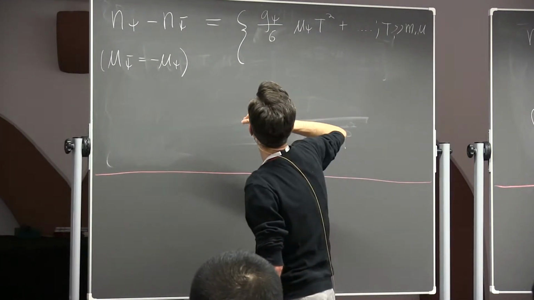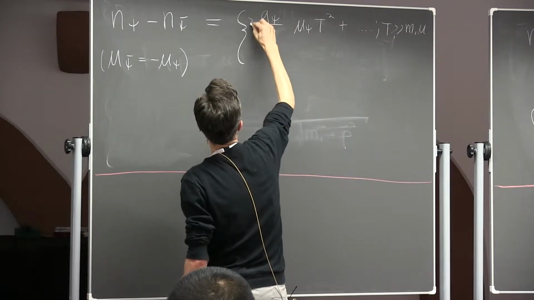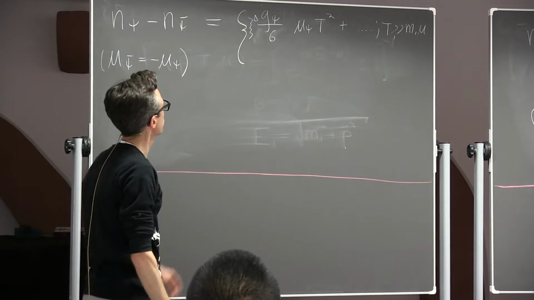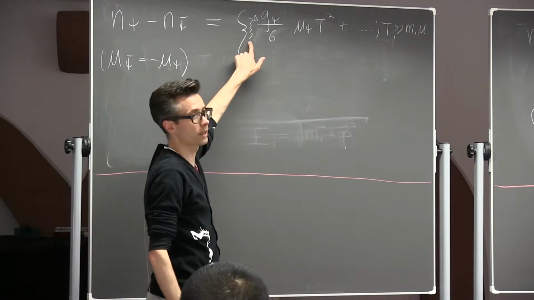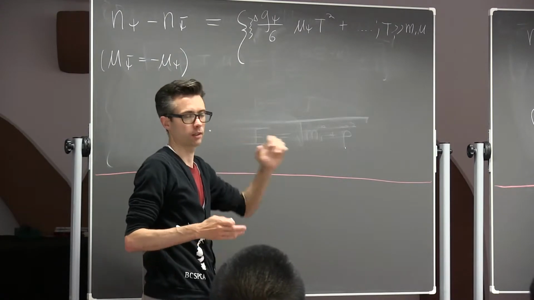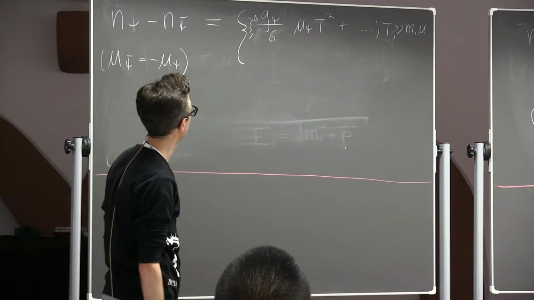So this is the answer, except for bosons, there's an extra factor of 2. And that just comes from Fermi-Dirac versus Bose-Einstein, and it is just coming from doing the integrals at high temperature.